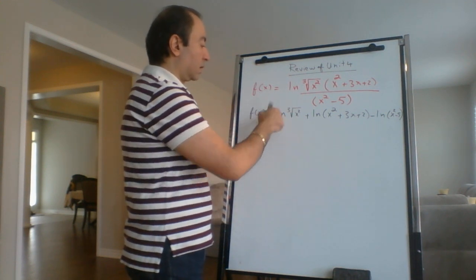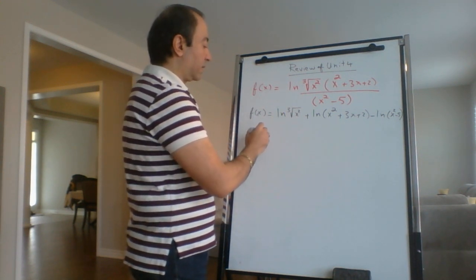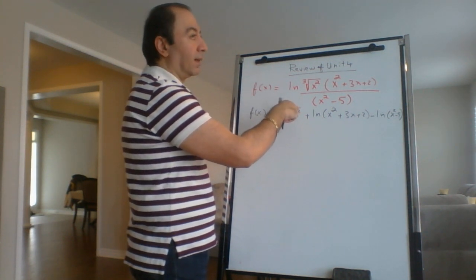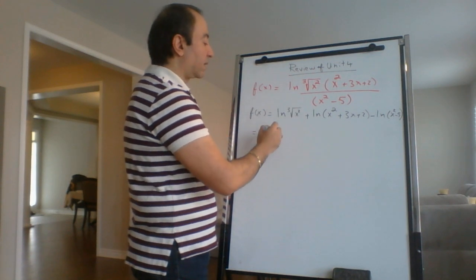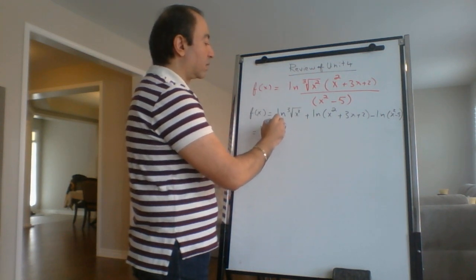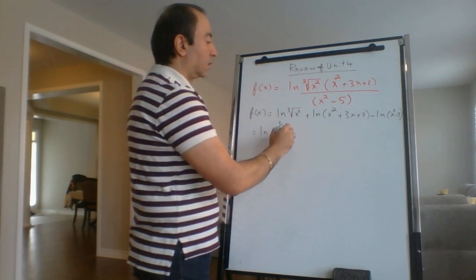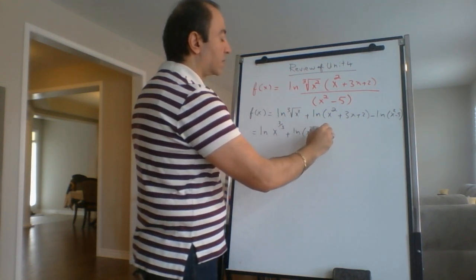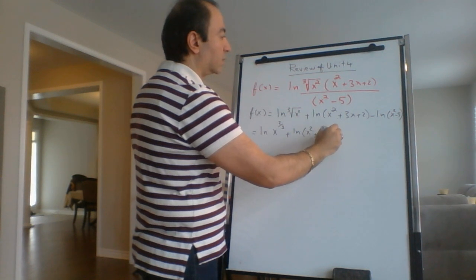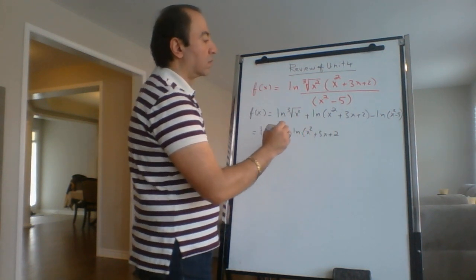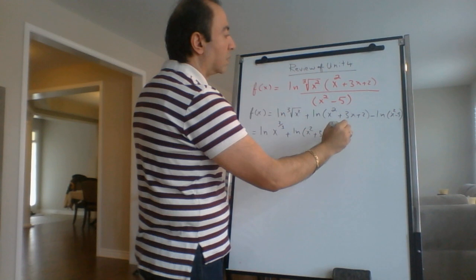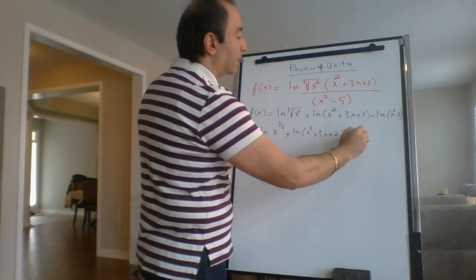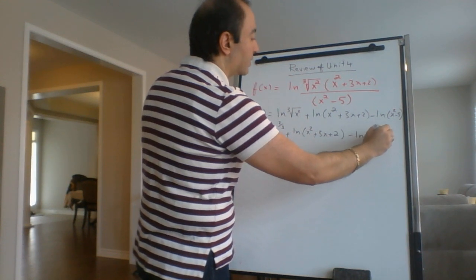So again, instead of having the cubic root or rational exponent, I can write this as ln x to the power of 2 over 3 plus ln x squared plus 3x plus 2 minus ln x squared minus 5.